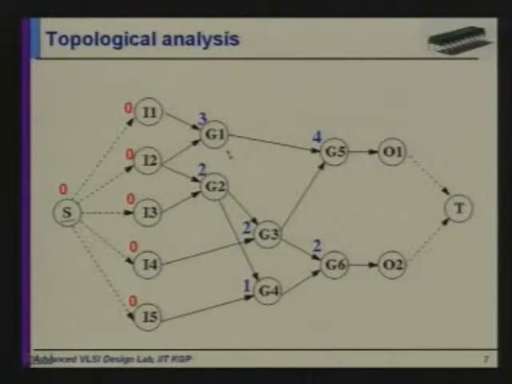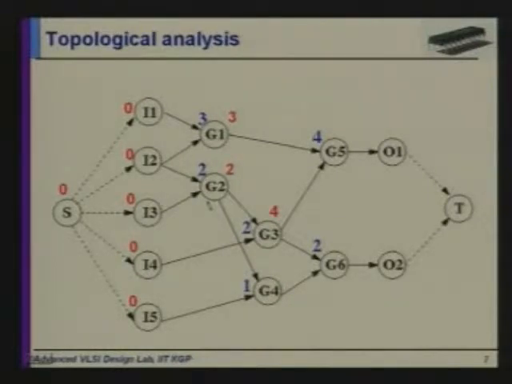Okay. So Z1, I can estimate because I know the delay of I1 and I2. Its delay will be the maximum of these plus the node delay. So it's 3. Fine, everybody. Okay. Similarly for G2 we can compute. It's 2.